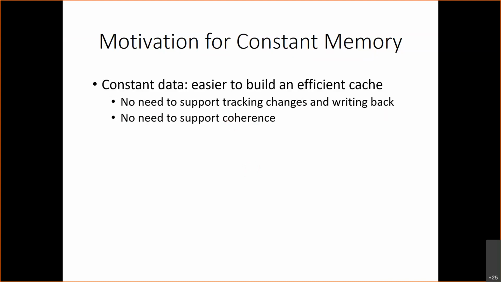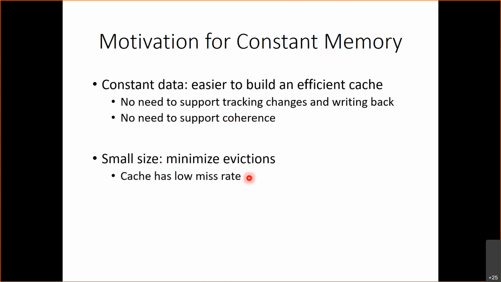All right, the other point about constant memory is that it is small in size. Being small in size means that we can minimize evictions. So the cache has low miss rate because the total amount of constant memory that you have is small. So your constant memory can fit inside of your cache.